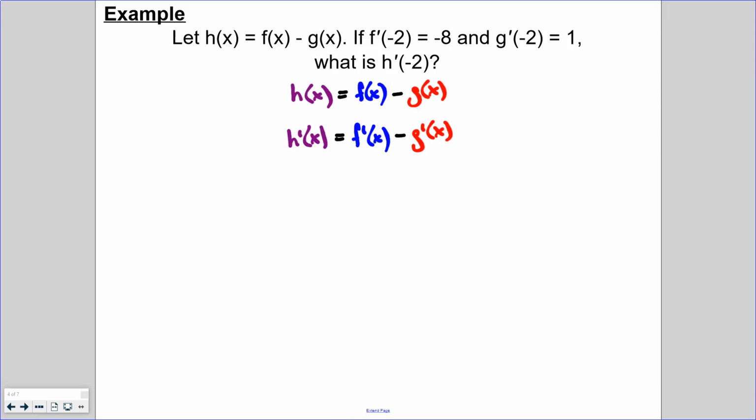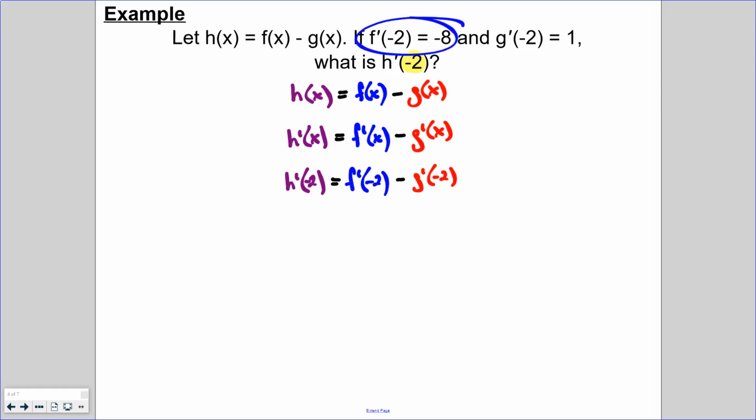We're being asked to find the derivative at the specific point x equals negative 2. So now we can substitute that value in. So h prime of negative 2 is going to be f prime of negative 2 minus g prime of negative 2.